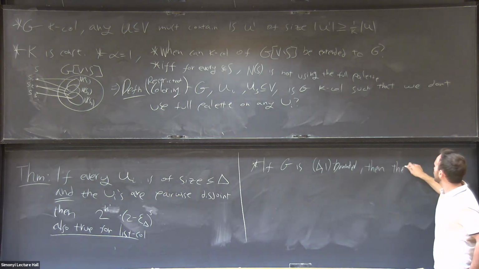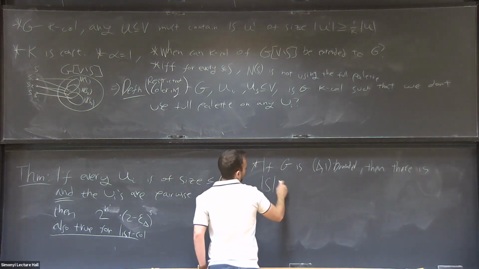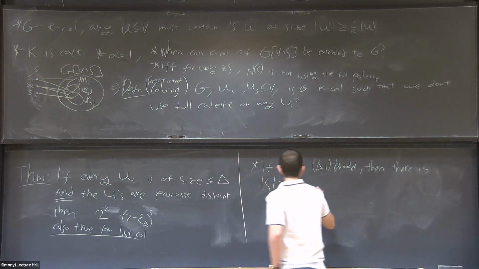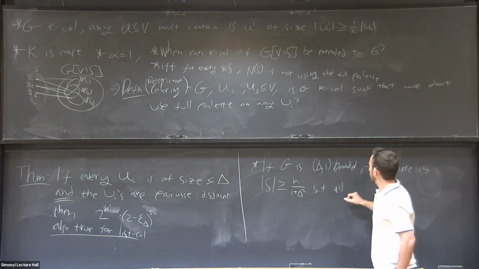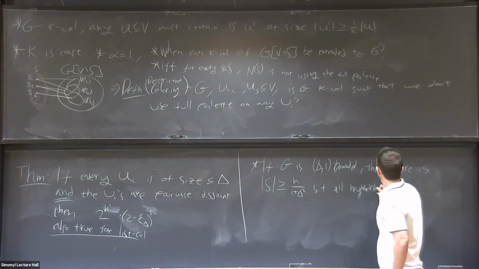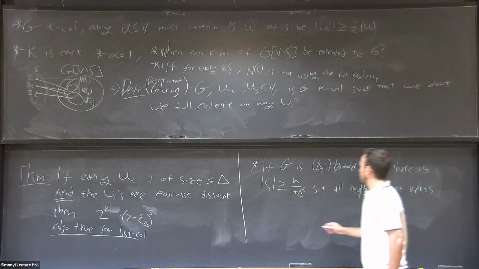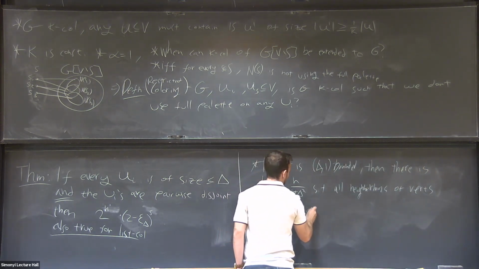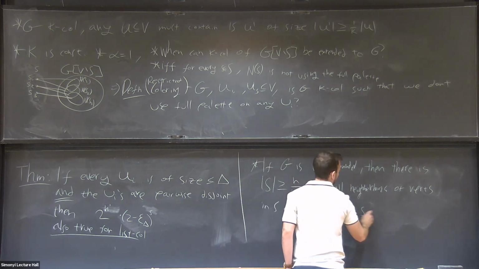then there is S that will be of size n over something like 1 plus delta squared, such that all neighborhoods of vertices in S are disjoint, and S is an independent set.